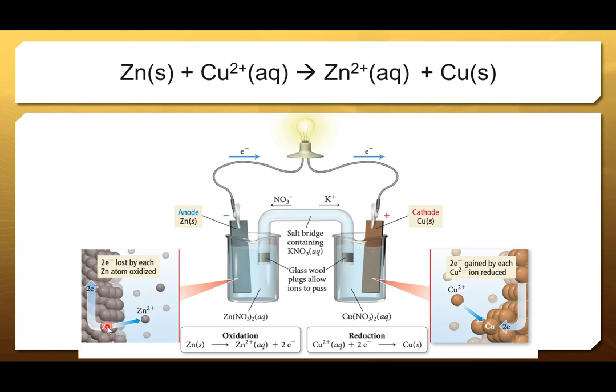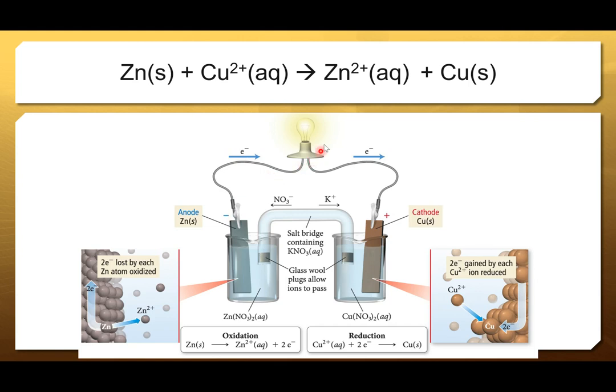So what it does is it kicks off its 2 electrons and sends them through the wire. He is now a positively charged ion, and he is now dissolved in solution. That's the oxidation. Lose electrons, oxidize, solid zinc will kick away 2 electrons, and it will dissolve in solution.